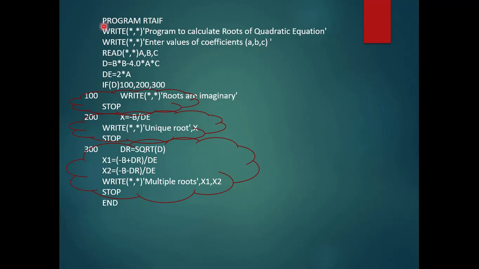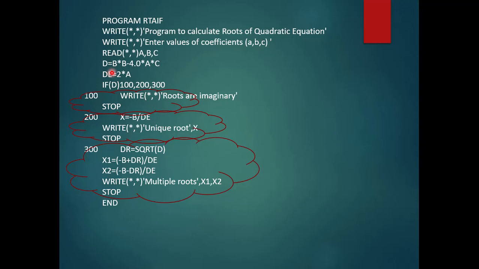Display the message program to calculate roots of quadratic equation, and then since you have to input the value of a, b, and c, I have first of all given the message of enter values of coefficient a, b, and c. So once I enter the values, this message will be displayed, and then you have to read the values a, b, c.